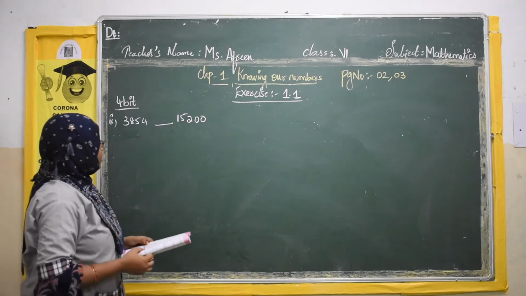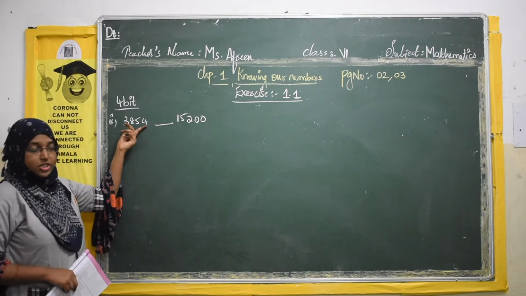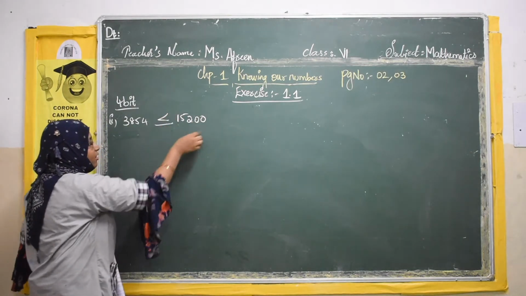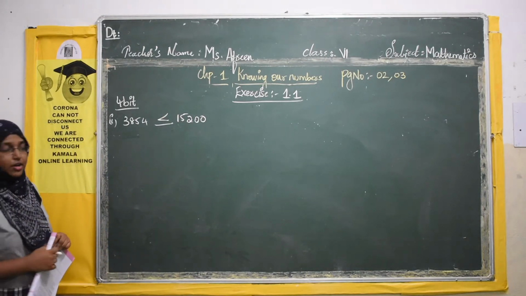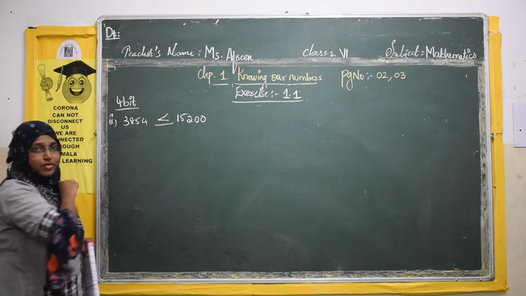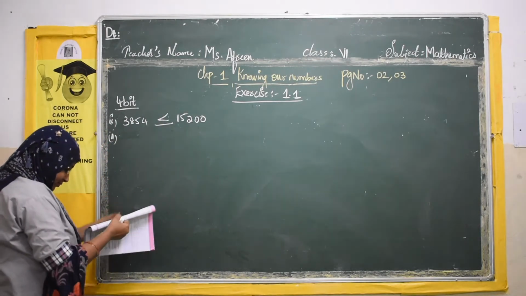Now we should say among these two which is the greatest and which is the smallest. Easily you can say there are only 4 digits here, whereas here it is 5 digits. So 3,854 is less than 15,200. Always remember, the open side will represent the greatest and the end point will show you the smallest one. Now let us move to the next.